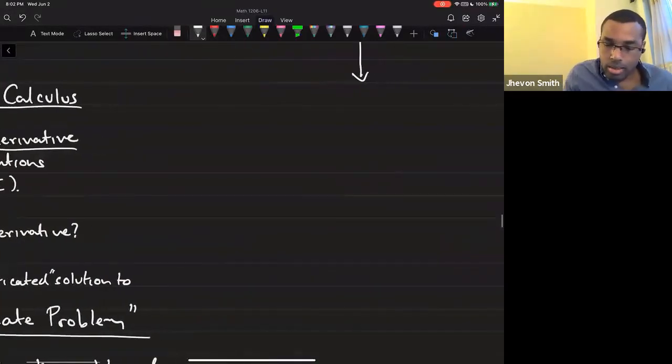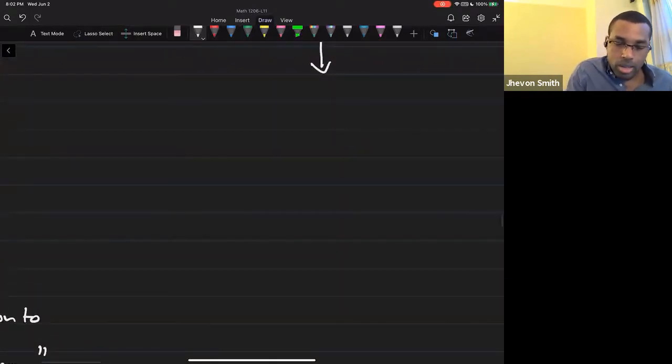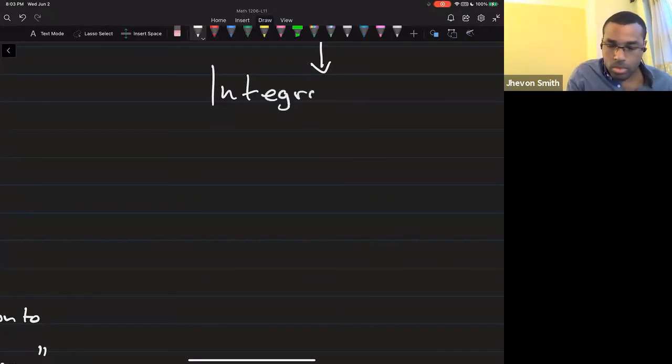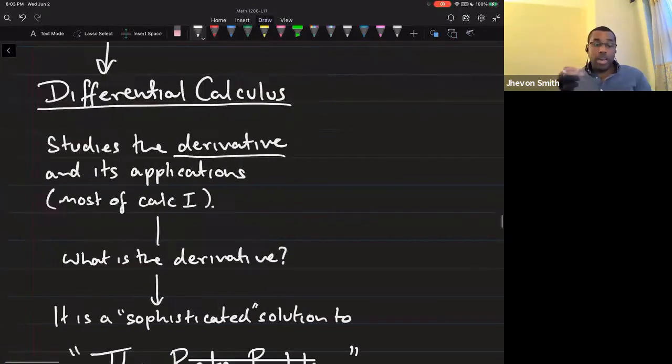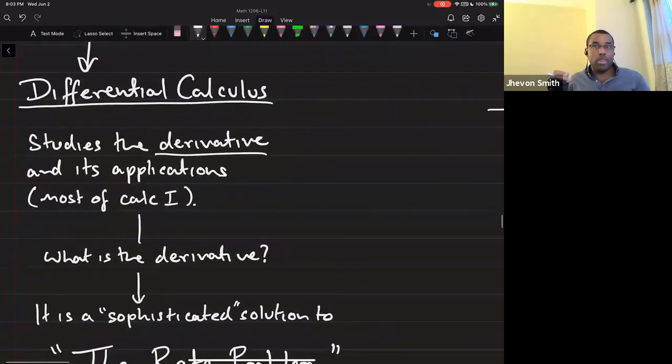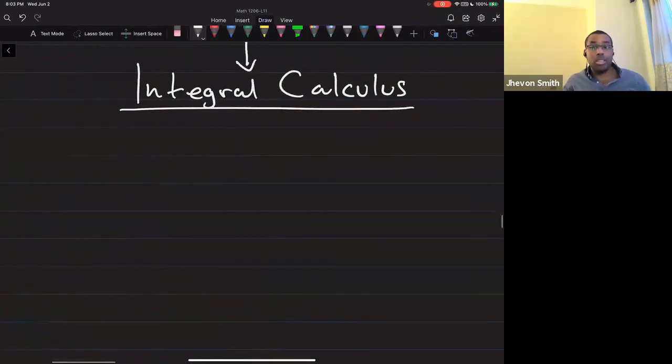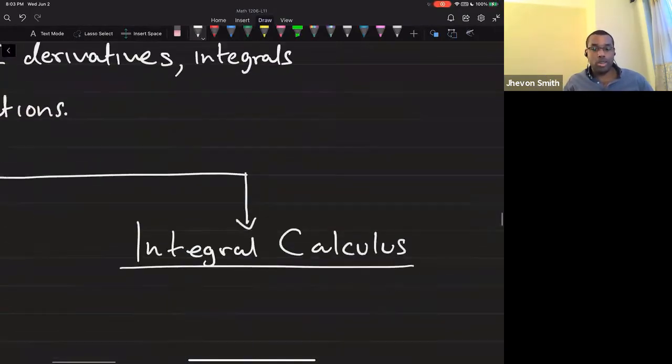And that branch is called integral calculus. Okay. So like how differential calculus is the study of derivatives, this is the branch that studies the other guy that I mentioned up here, integrals.